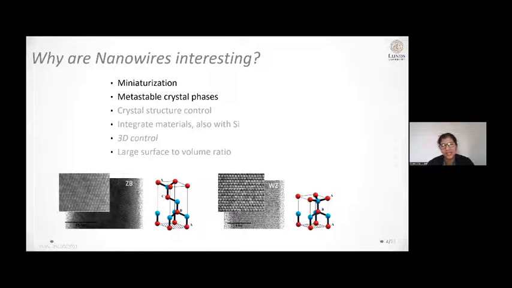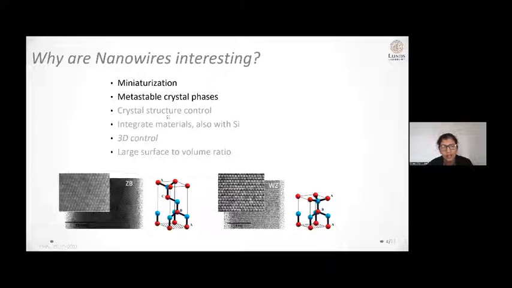A very interesting aspect about nanowires is that because the surface to volume ratio is so high and surface energy is a very important aspect of this, we can tune things in such a way that some metastable crystal phases are also possible to achieve while growing nanowires.